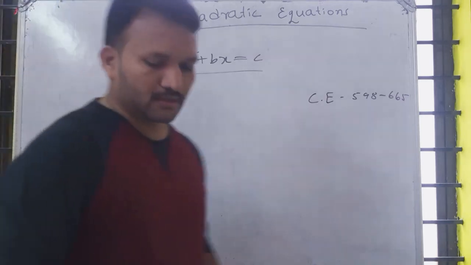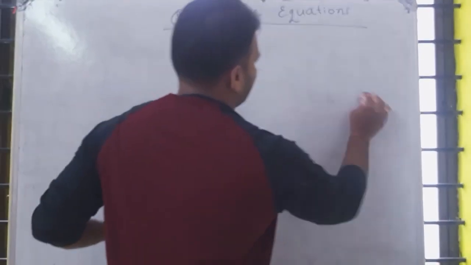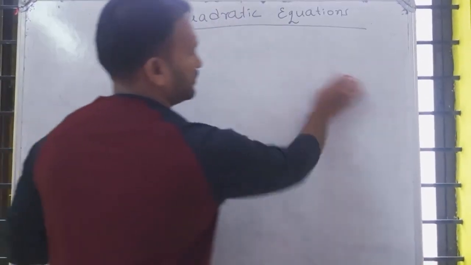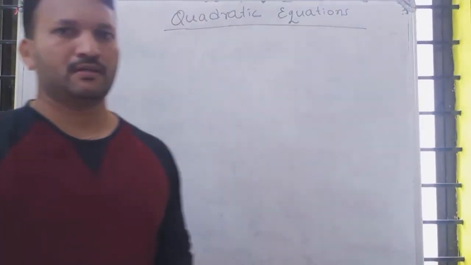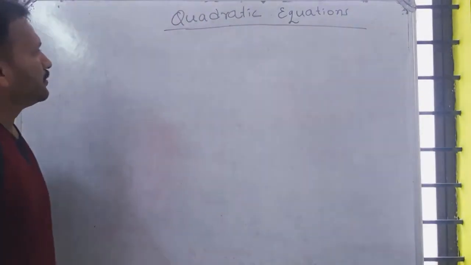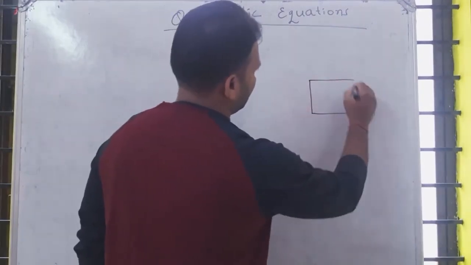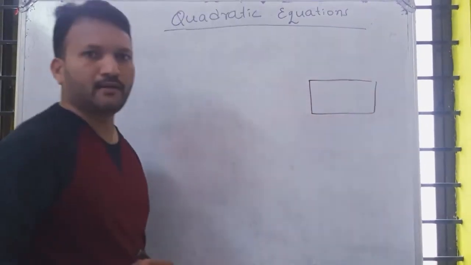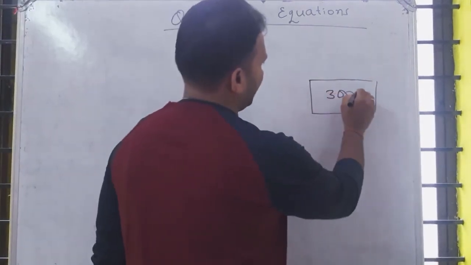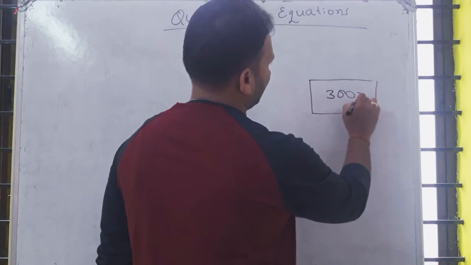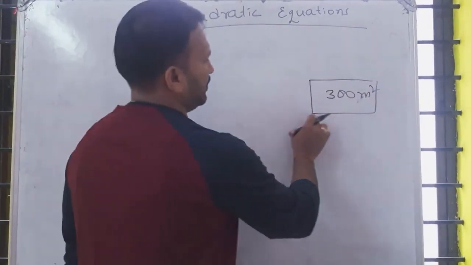It is a very important topic because it is very applicable to day-to-day life. How is it applicable? Let us see. Suppose we have a land of carpet area 300 meters square, and we don't know its length and breadth.